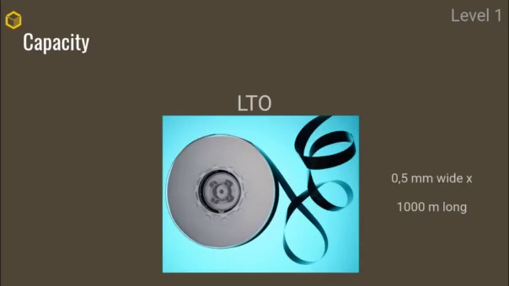Now, when we're talking about tape, when we measure the area capacity per square inch, the square inch of tape is actually the height on the tape. And generally, in the LTO standard, this is a half centimeter wide and 1,000 to 1,500 meters long. That's a lot of storage area.